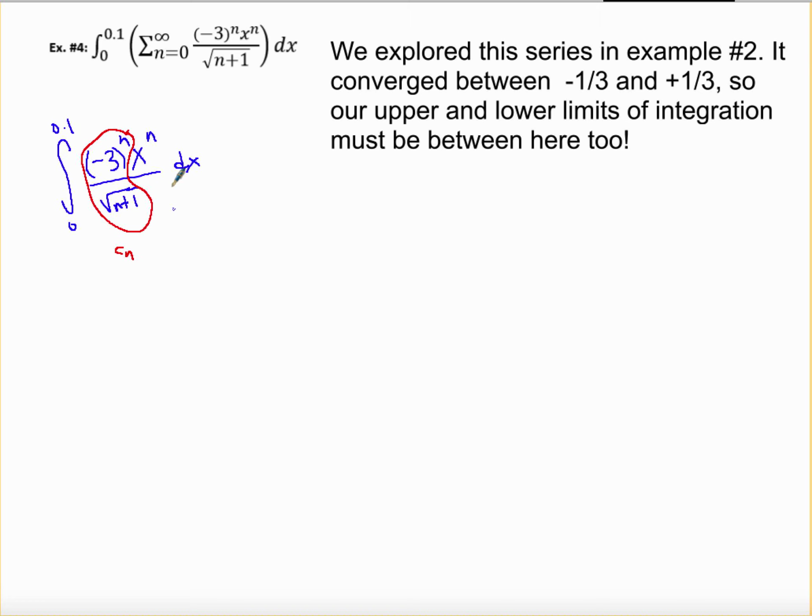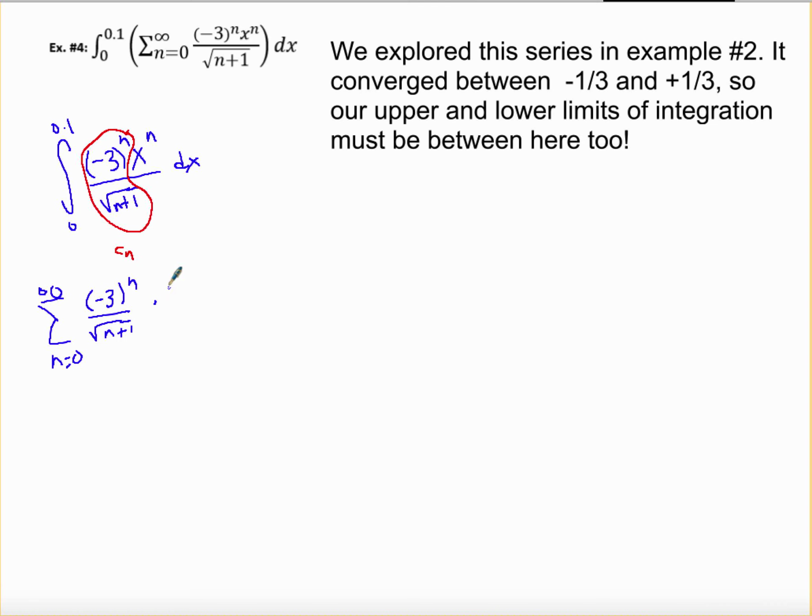Here we go. I have the sum from n equals 0 to infinity of this whole thing, so that's the constant, times x to the n power.